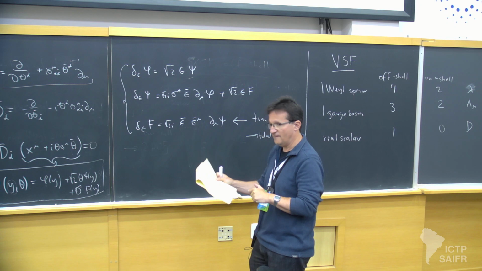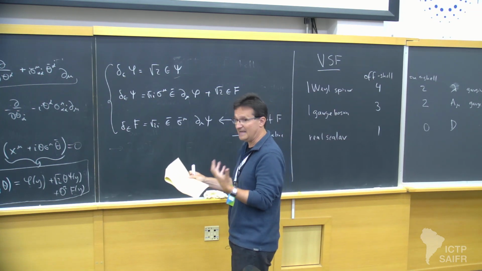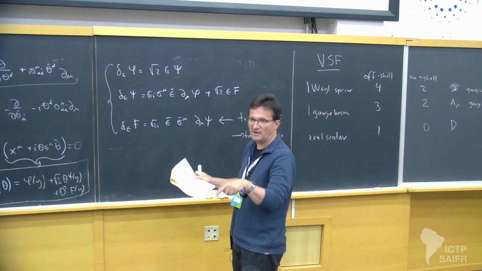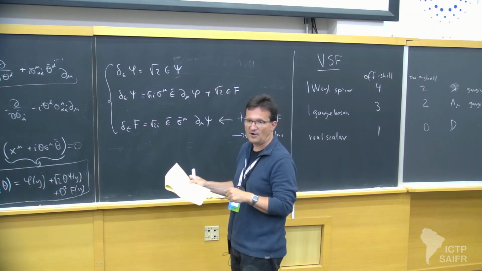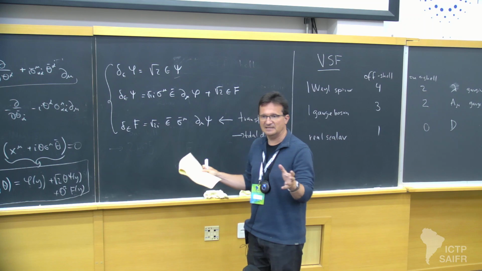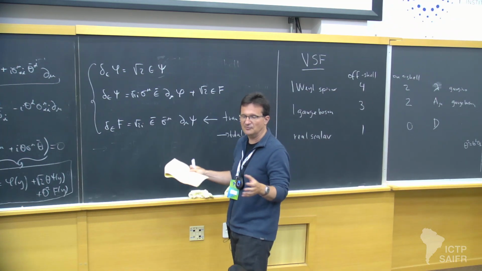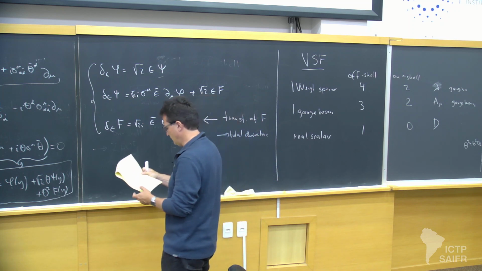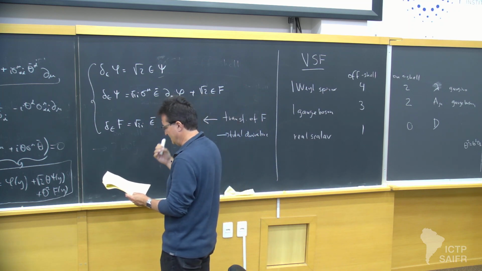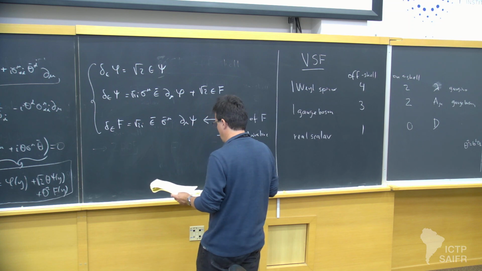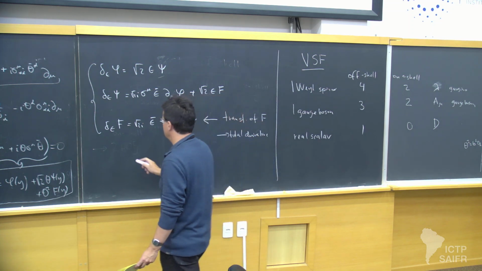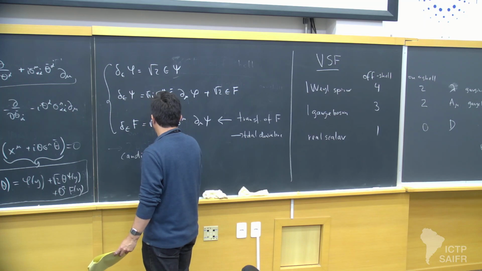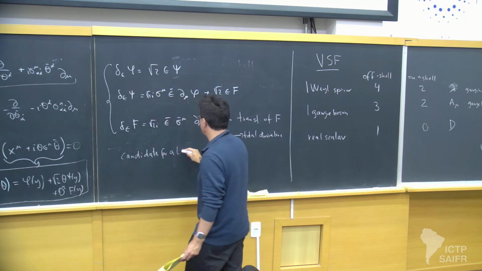That will be a candidate for a Lagrangian term, because it picks up a total derivative. So if I integrate it over d4x, then that piece is just a boundary term, again assuming that the fields fall off sufficiently fast as usual. So this will be a candidate for a Lagrangian term.